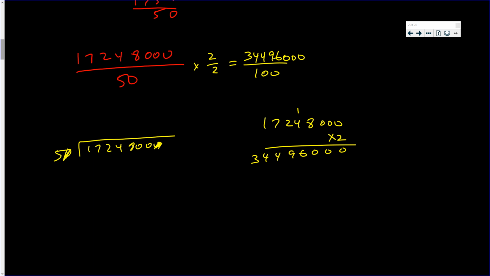And we're dividing by 100. And 100 happens to have 2 zeros. So I'm going to move the decimal 2 places to the left, and I get 34,496. The .00 you don't have to say.